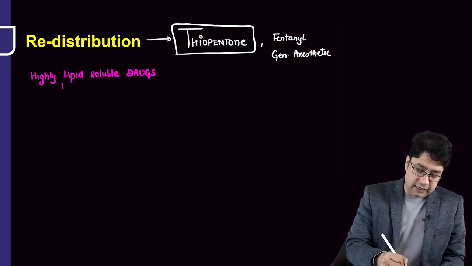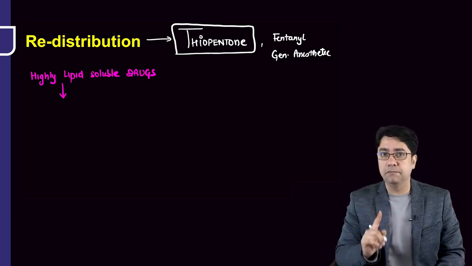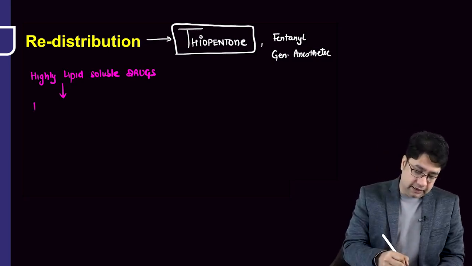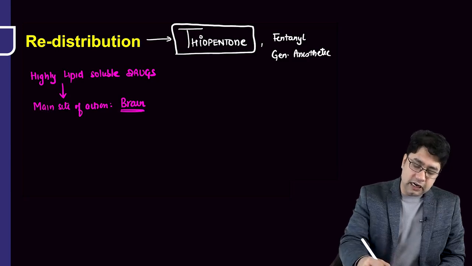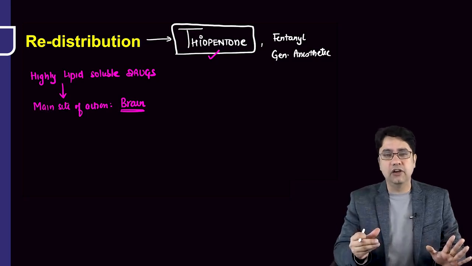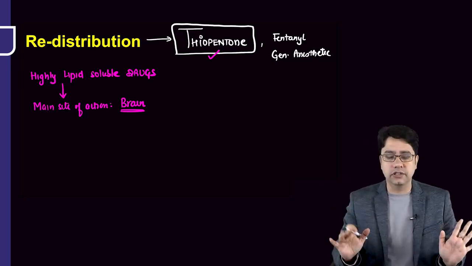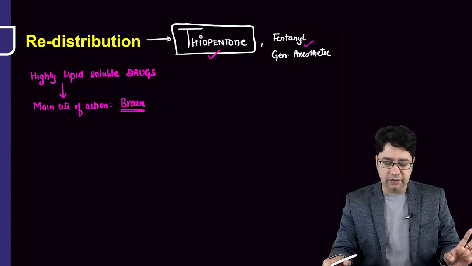And these highly lipid soluble drugs, their main site of action is brain. That is why thiopentone is an anesthetic agent. When we give thiopentone, patient becomes unconscious. Similarly, fentanyl is also used in anesthesia and pain relief.